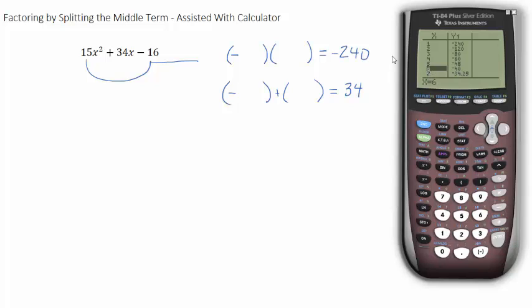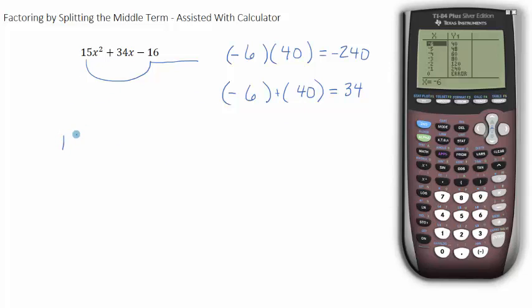Those multiplied are negative 240, but they would add up together to be a negative 34. So let's go this way, and you'll see negative 6 times 40 is going to be our negative 240, and our negative 6 plus 40 is our positive 34. So we'll use these numbers to split this middle term.